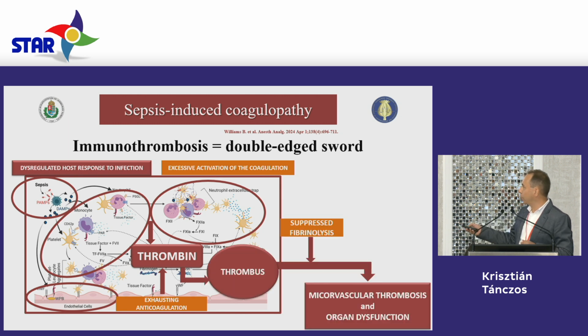Therefore, a massive thrombin generation develops, and this huge amount of thrombin together with the suppressed fibrinolysis produces a very dense and a very resistant fibrin network, which leads to this microvascular thrombosis here and the subsequent organ dysfunction.